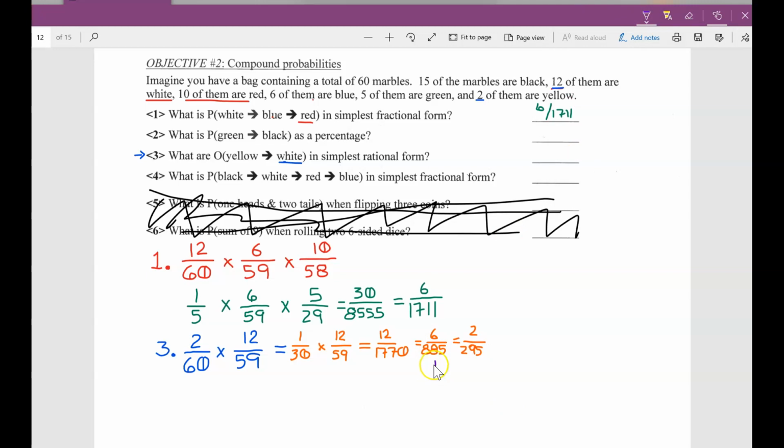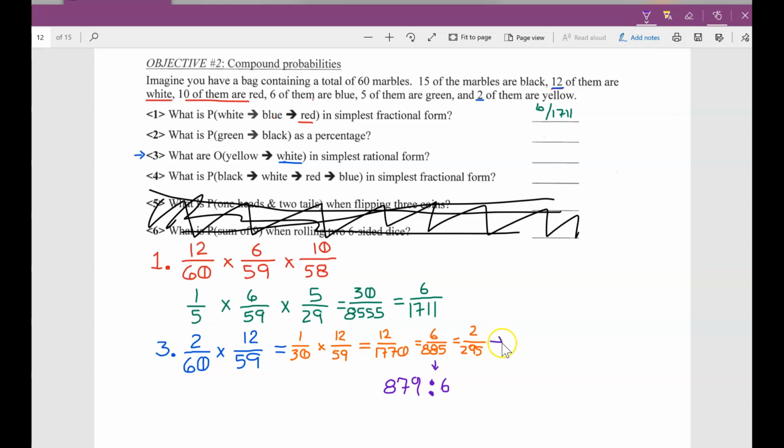Let's turn both of these into odds just for fun. So 6 over 885. Remember, it's losers on the left, winners on the right. How many ways are there to win? There are 6 ways to win. If there are 885 total possibilities and 6 of them are winners, all the rest must be losers. That means 885 minus 6 is 879 to 6.